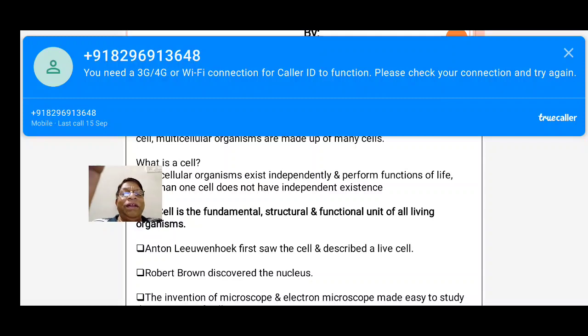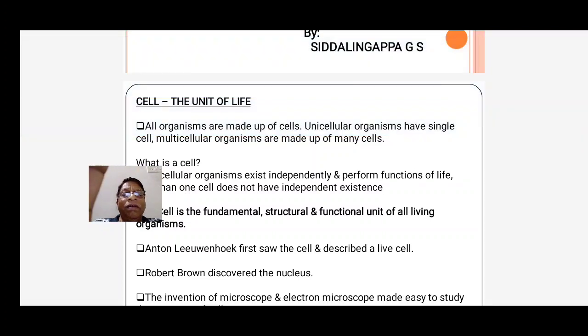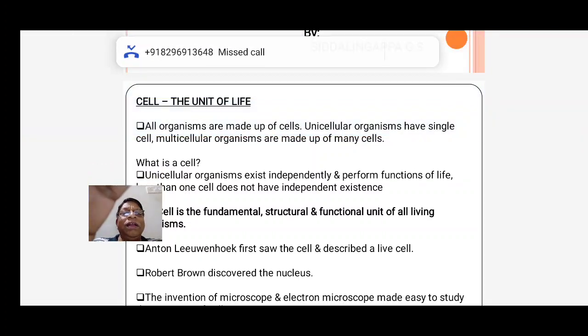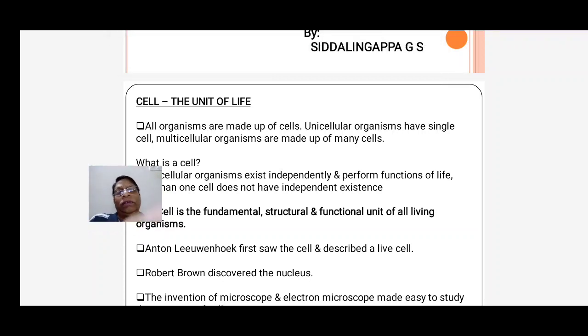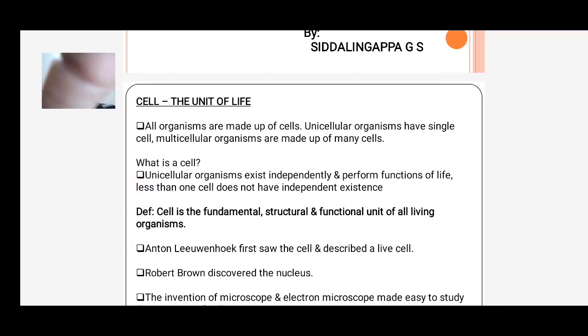Maybe respiration, excretion, digestion, like that. So all the functions take place in the cell. Okay. So once again, cell is the fundamental, structural and functional unit of all living organisms.